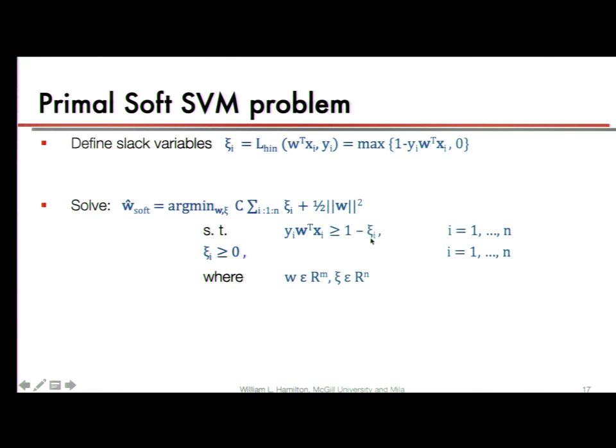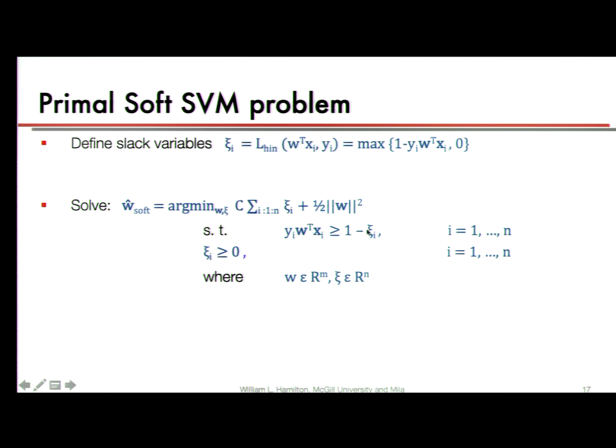And these slack variables are just real valued numbers, and we constrain them to be greater than 0. You can see that that is by definition. Again, if we're classifying things correctly, then we have 0 for these, and these points are on the right side of the margin, so there's no need to have them be less than 0. But if we've really misclassified this point, we might have a huge slack.